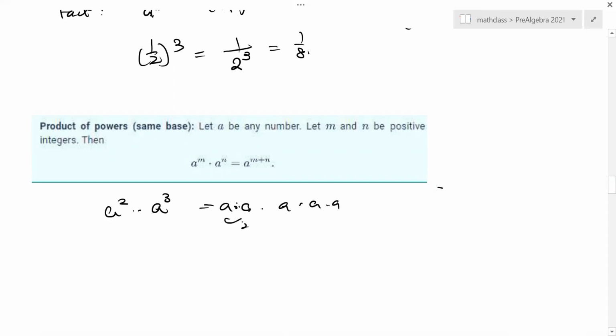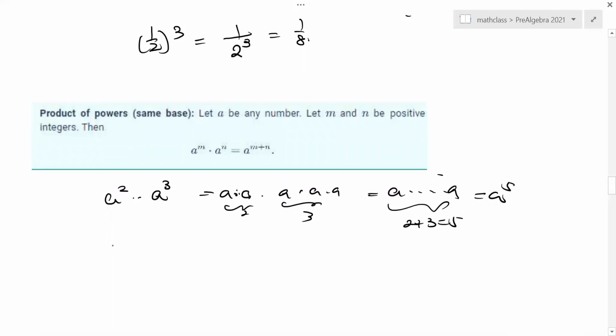So you have 2 a's here, 3 a's here. In total how many? 5. So 2 plus 3 equals 5, and it's denoted by a to the 5. Where is 5 from? 5 is coming from the sum of the two exponents, the two powers.